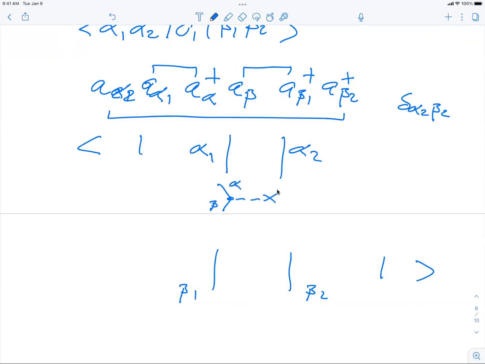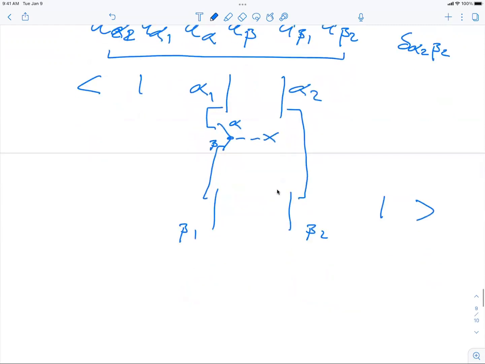So the first contraction which we did is this contraction here, and then we made the contraction with beta and beta 1, like that. And then what we have is this contraction here. Normally that is just skipped because that's just 1. We would typically write this just in terms of the matrix elements of the operator, because the other one gives us just a Kronecker delta.